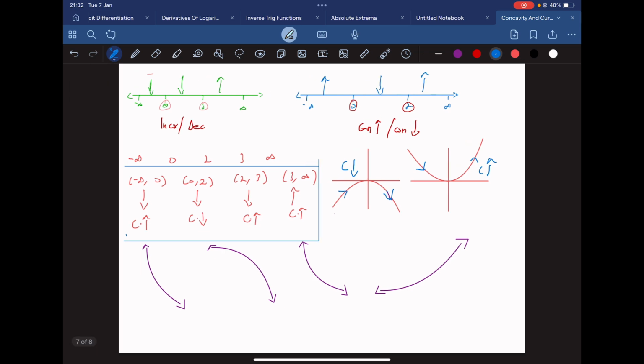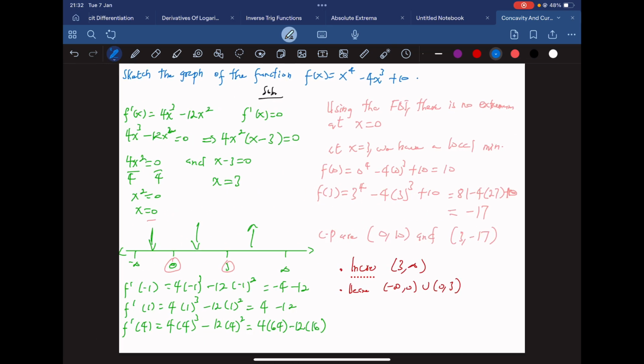Okay, so now let's plot our local minima and the maxima. We got to see that our local minima is at 3, and 3 corresponds to -17. So we've already plotted that, so it's fine.